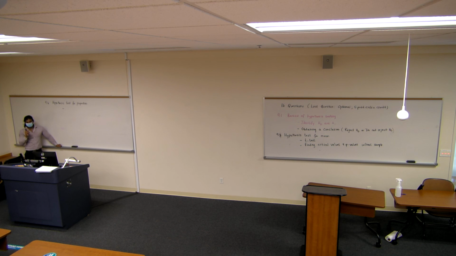Common mistake. People would go for the z-test, which is option number 1. You cannot use that. Why? This is a test for proportion, so what should we use? The one prop z-test.